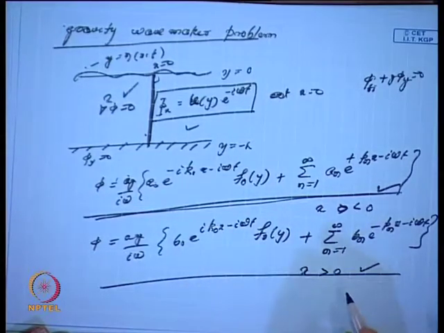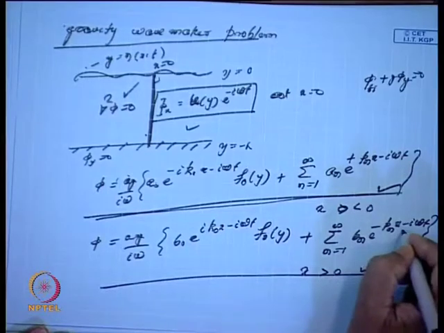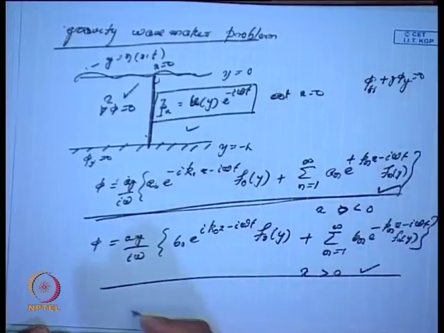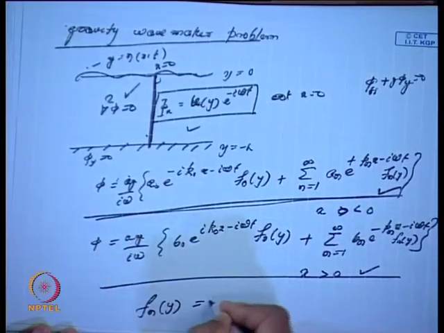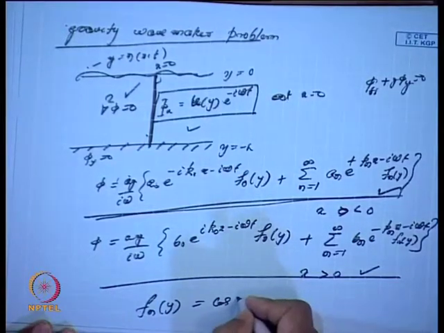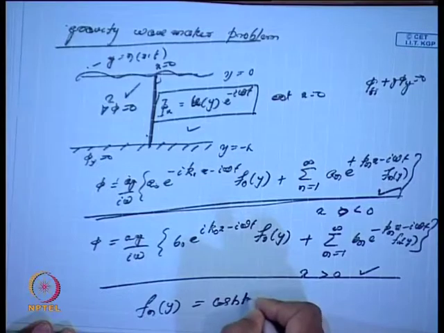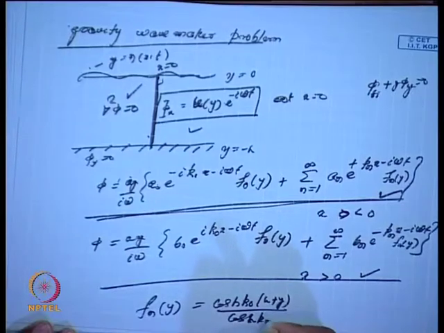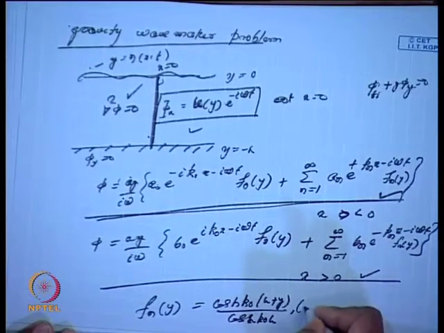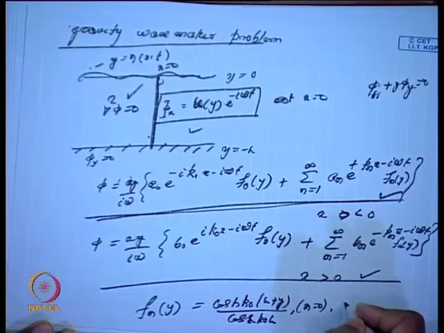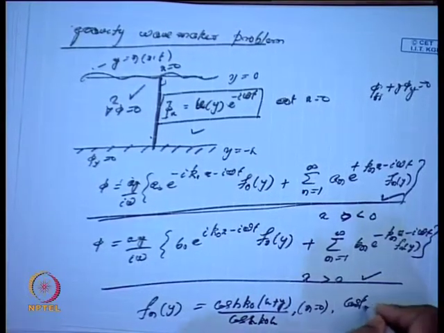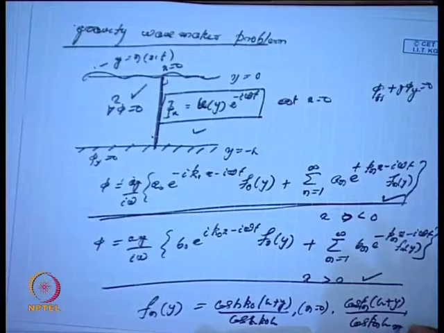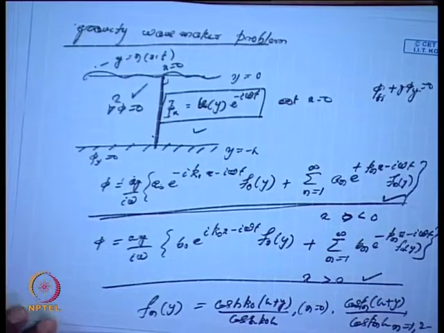Here my f 0 and f n's, here there is a f n y, and I have already told my f n y is cosh k 0 s plus y by cosh k 0 h, that is n is 0, and this is cos p n s plus y by cos p n h for all n greater than or equal to 1. So, this is my general form.